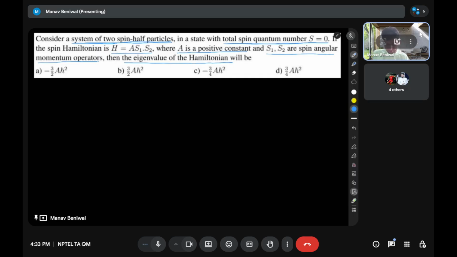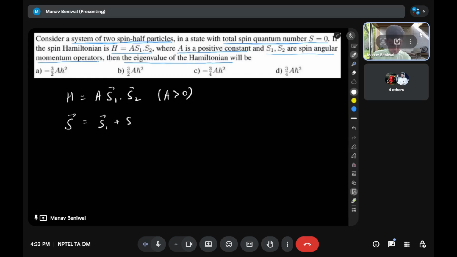Let's write the Hamiltonian first. H equals A times S1 dot S2, with A greater than 0. The total spin S is written as S1 plus S2.